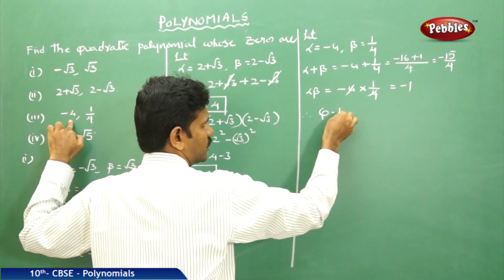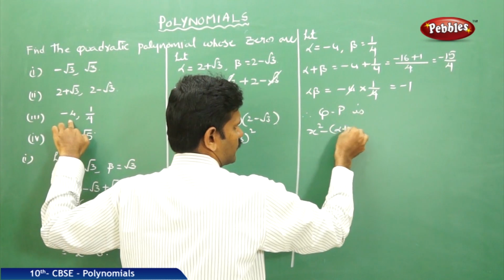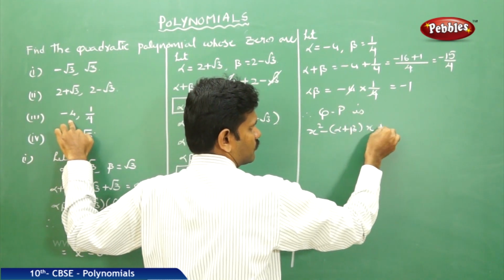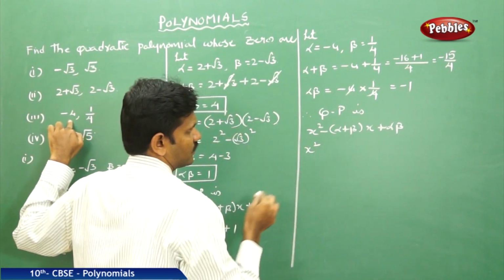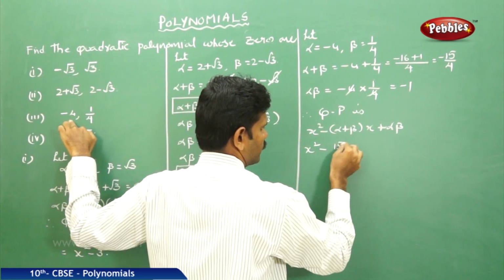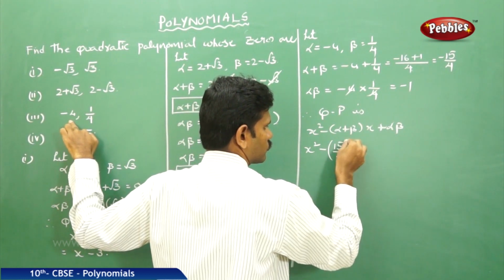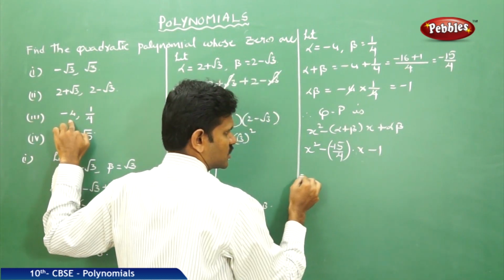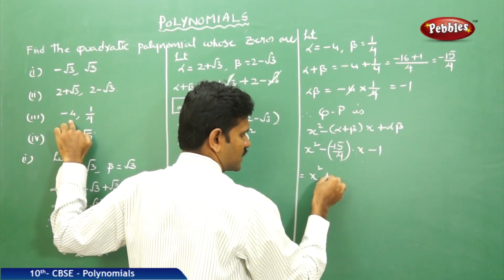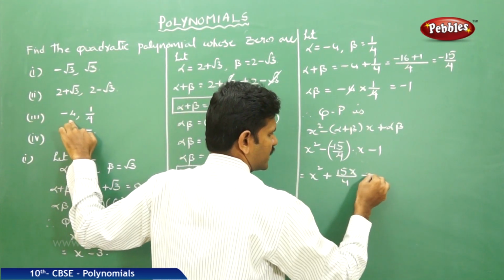Therefore, the quadratic polynomial is x square minus alpha plus beta into x plus alpha beta, which is x square minus minus 15 by 4 into x minus 1, that is x square plus 15x by 4 minus 1.